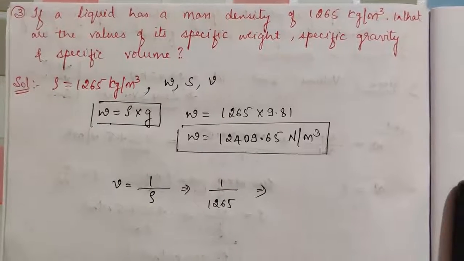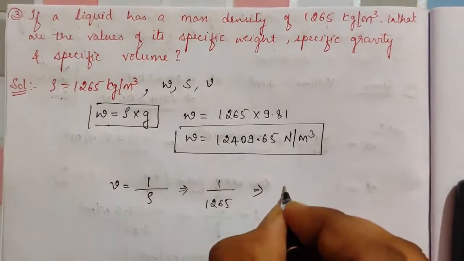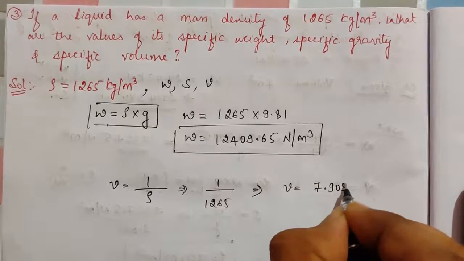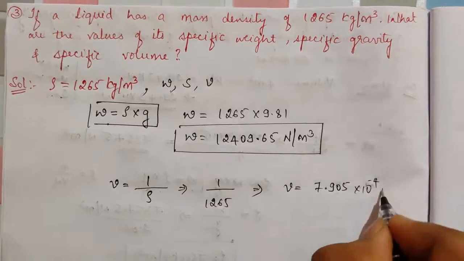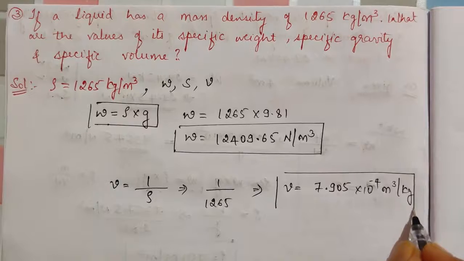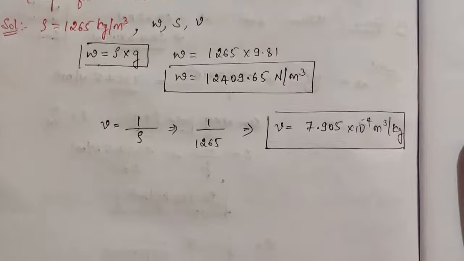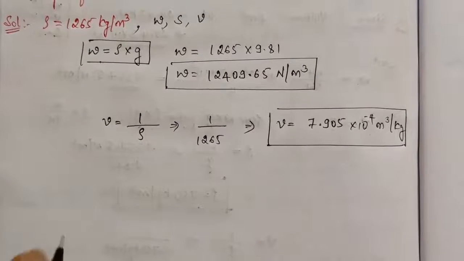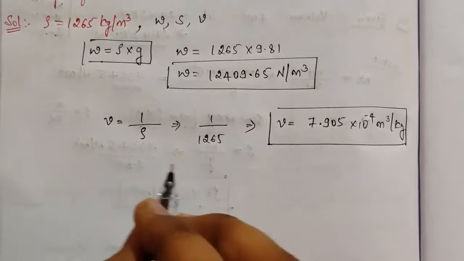You will get the specific volume, that is, specific volume is equal to 7.905 into 10 power minus 4 meter cube per kg. Simple problems will be given just to make you practice the formulas. Specific volume is found out.